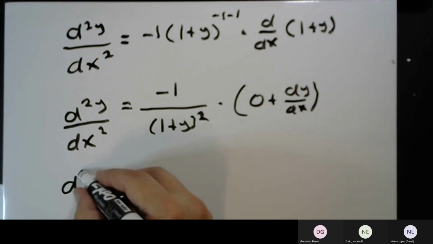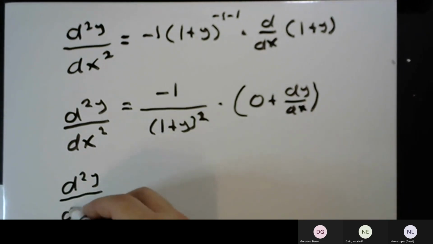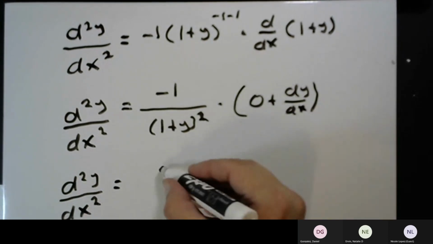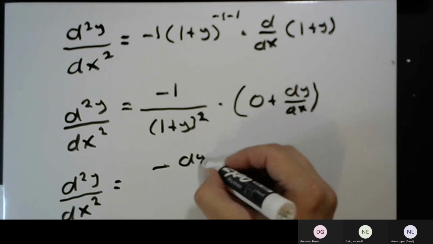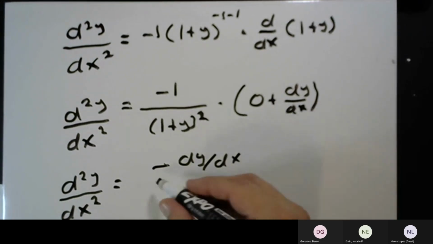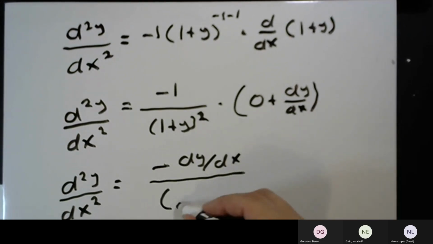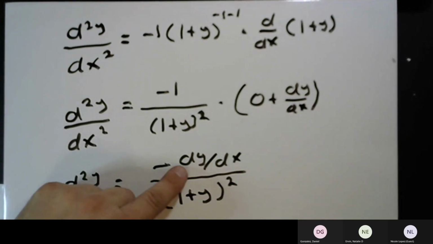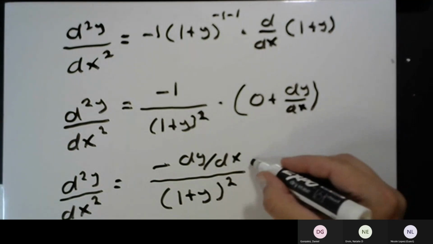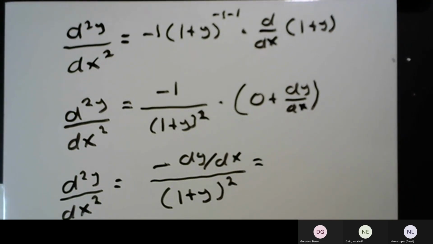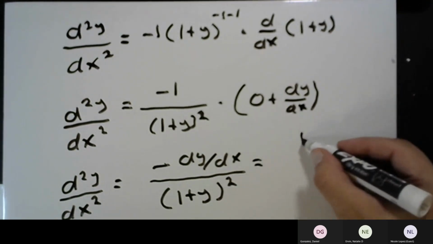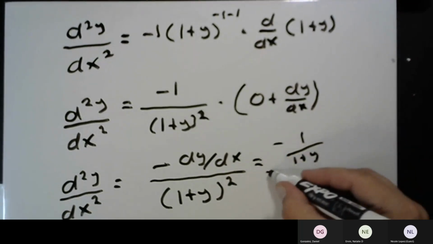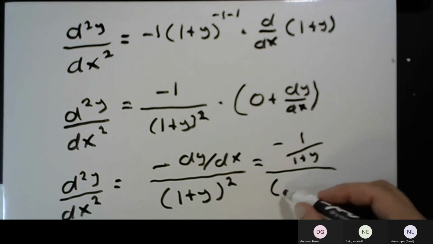We'll get d²y/dx² is going to be negative dy/dx over (1 + y)². And this is the reason we want to keep track of dy/dx. dy/dx was 1 over 1 + y. So we can substitute for dy/dx.